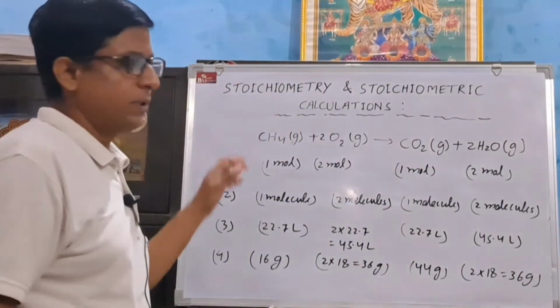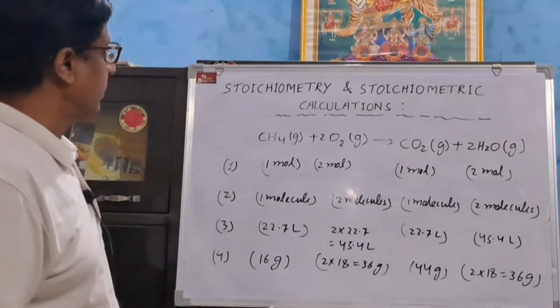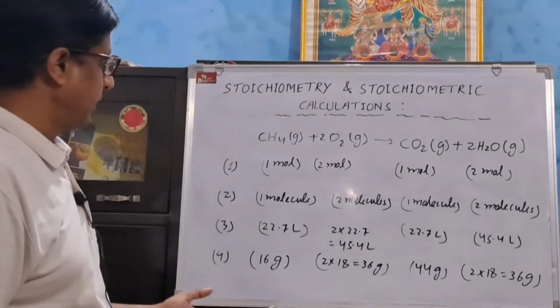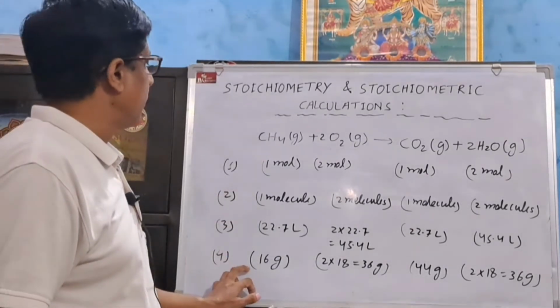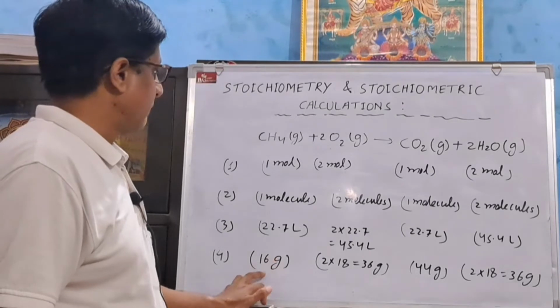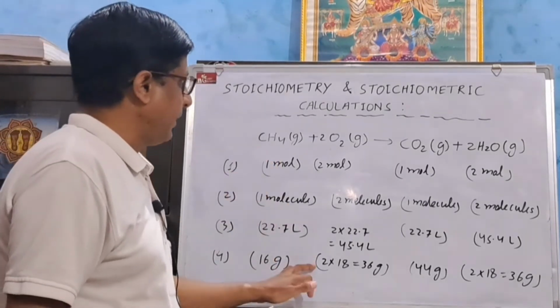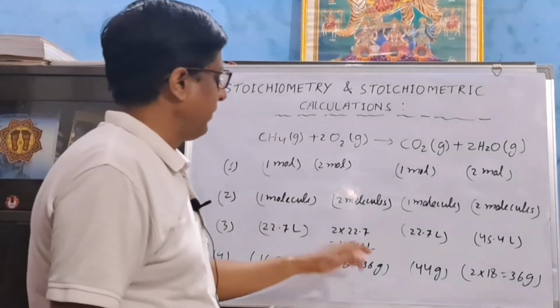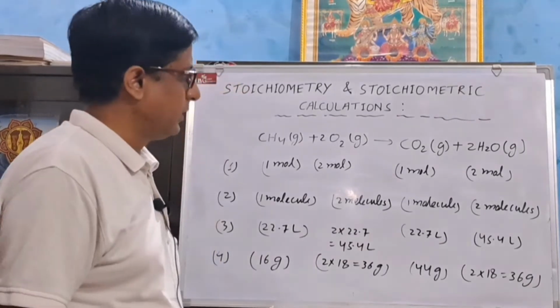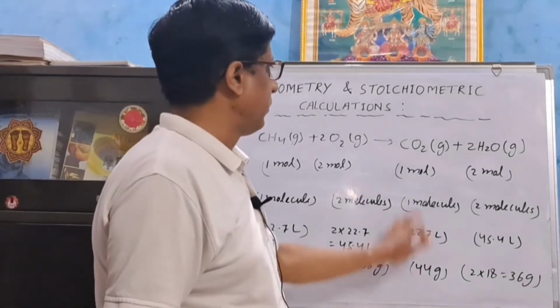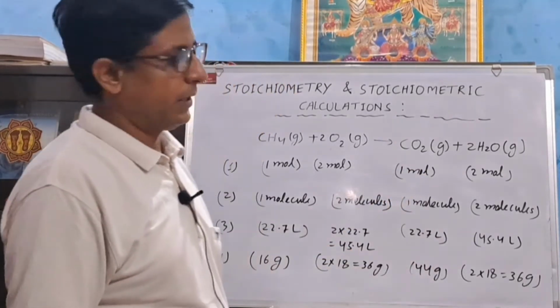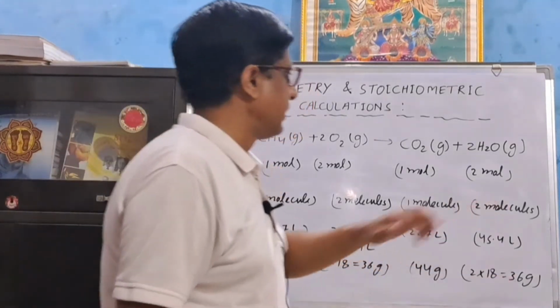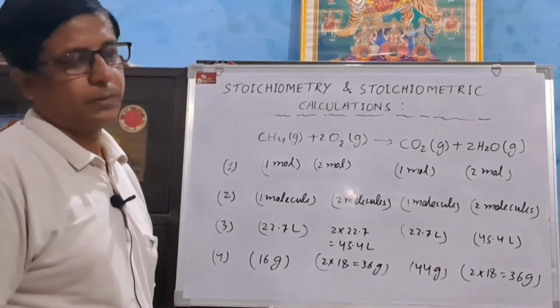So this equation can also be given in terms of masses in grams. Here methane has molecular mass 16 gram. Therefore 16 gram of methane reacts with 36 gram of oxygen to produce 44 gram of carbon dioxide and 36 gram of water.